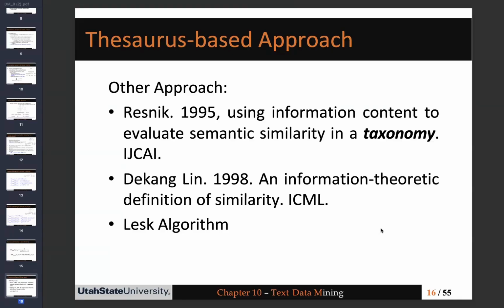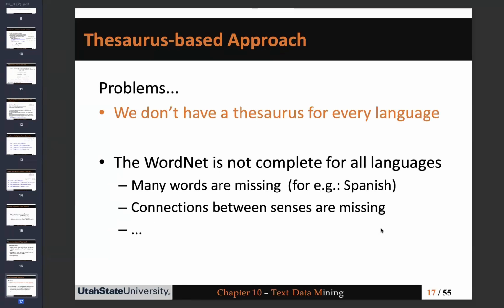We're not going into details of those algorithms, but I just want you to know that mostly these are the earliest methods for finding similarity between words, and it does not really find the word encoding itself, but it's able to find how similar those words are based on some data structure.